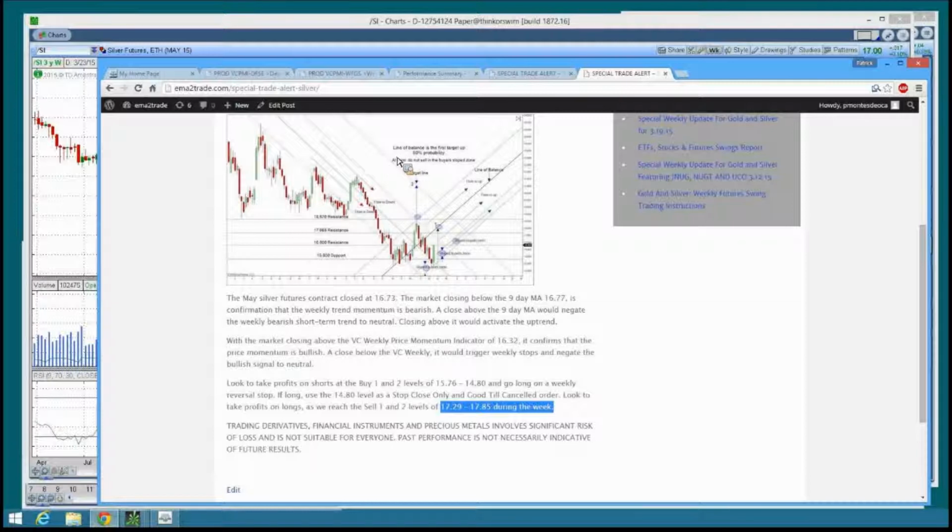The line of balance produces for us basically the target with the highest probability, and in this case the line of balance levels that you're looking at indicate an 80% probability that silver will go up to about 2180 to 22 area, which is the target zone that we're looking at here using line of balance analysis.